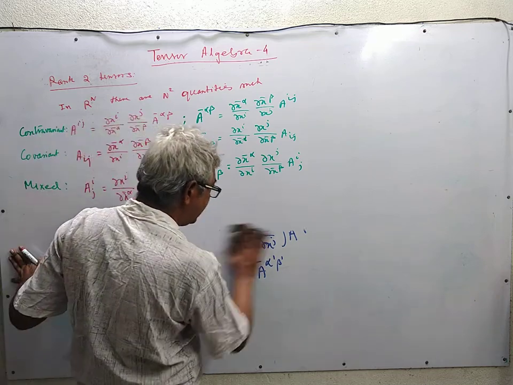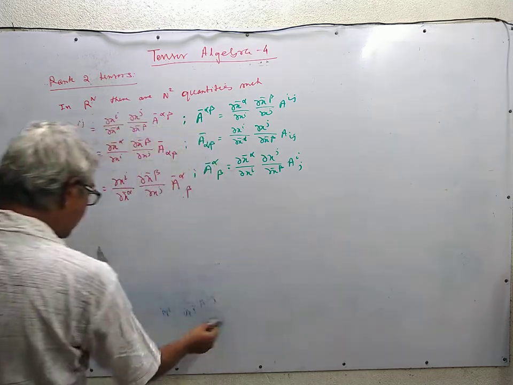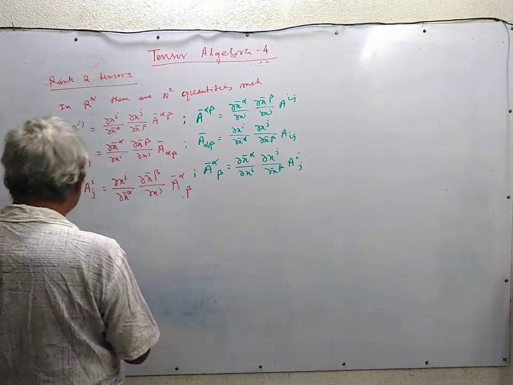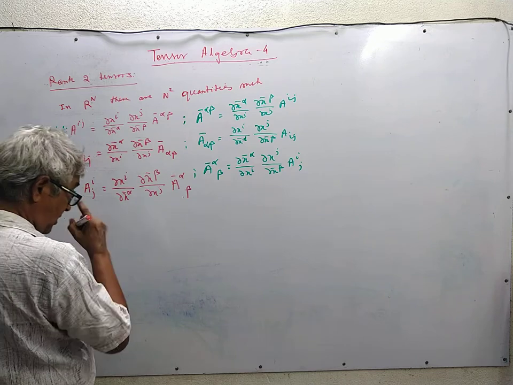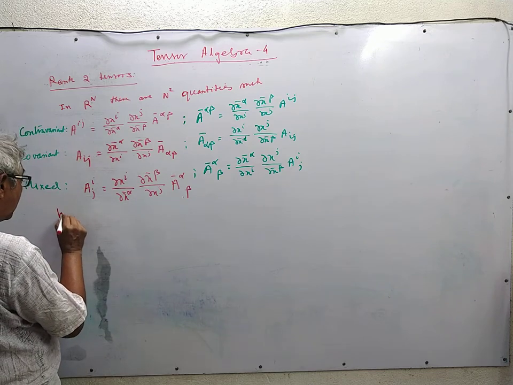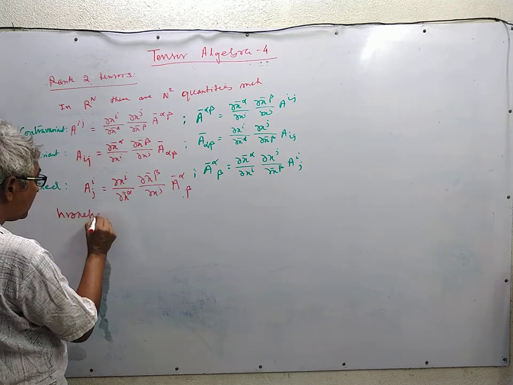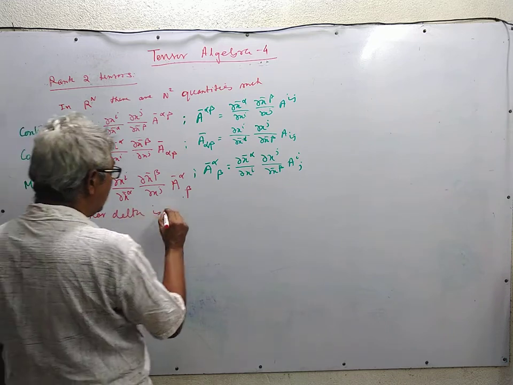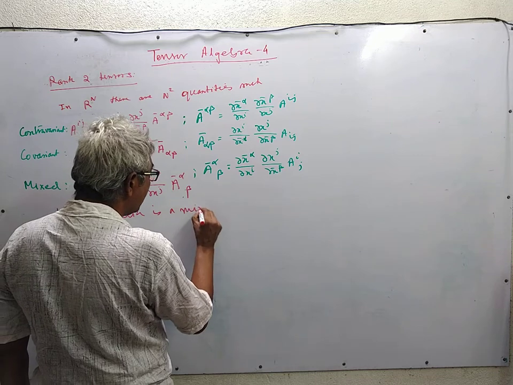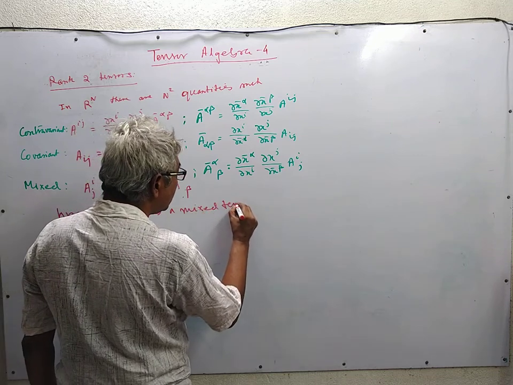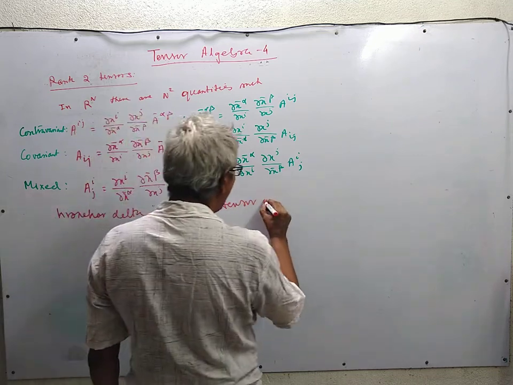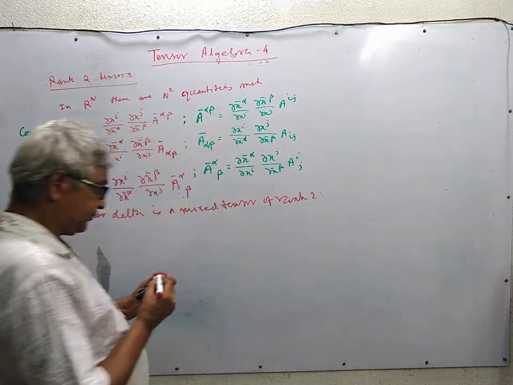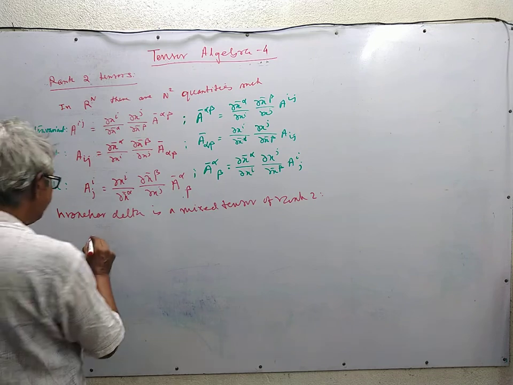Let me show that the Kronecker delta is indeed a mixed tensor of rank 2. Let us start with the definition.